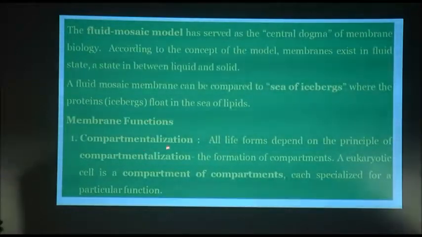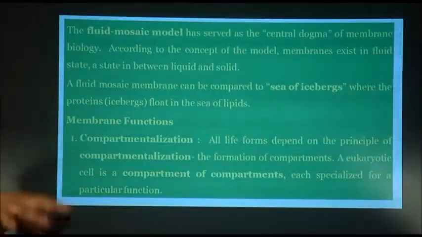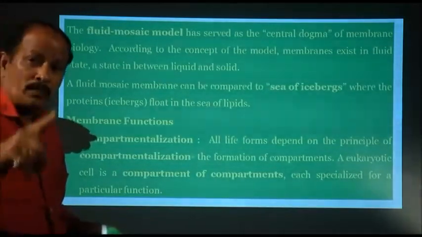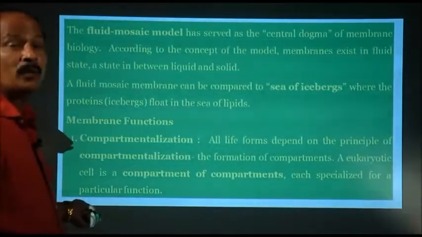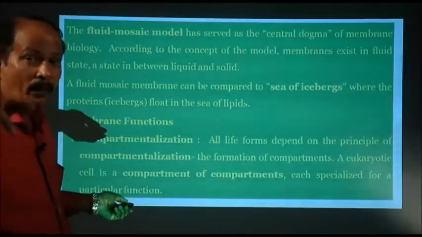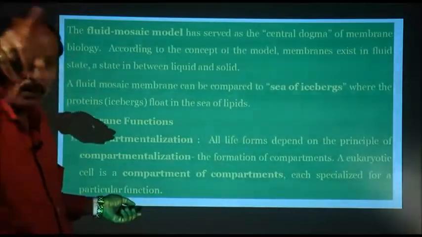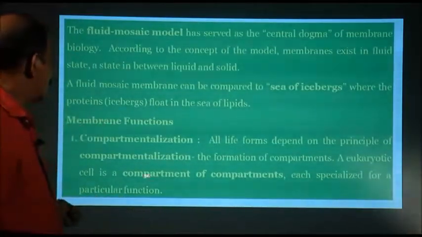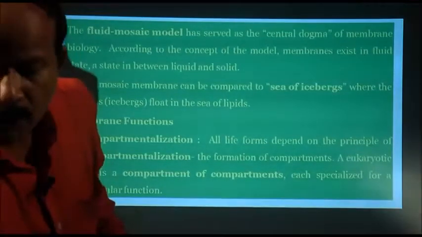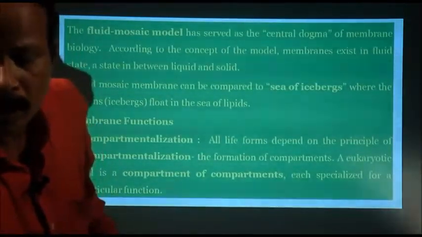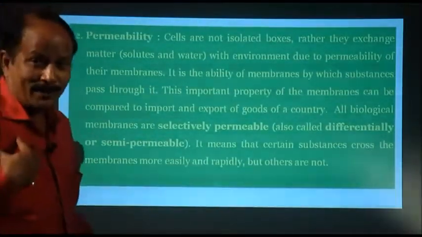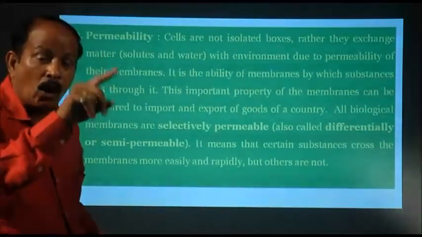In the beginning I told you, without the plasma membrane a cell cannot exist. The cell is a compartment, and it was made possible because of the plasma membrane. The endoplasmic reticulum is a compartment, made possible because of that membrane. So compartmentation is the basic property of the phospholipid molecules, and that made the eukaryotic cell, our cell, a compartment of compartments.